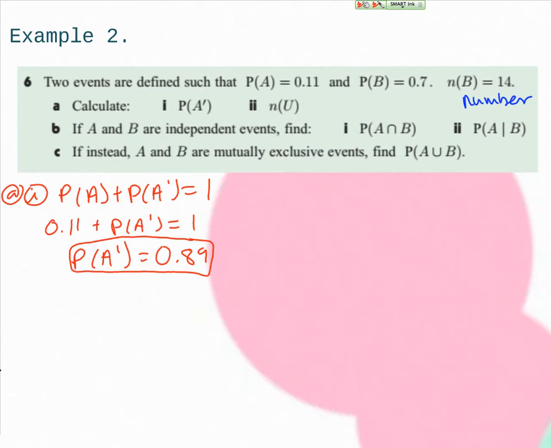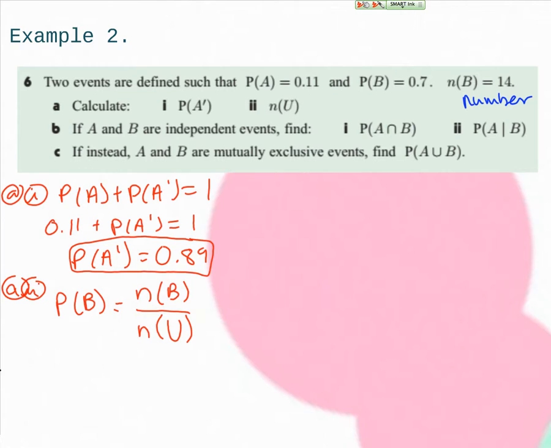So again, don't really need the formula, but we'll practice with it. And I'm going to use B instead of A, but it says the probability of B equals the number of items in B, so that's that part that Steven said, over the number of items in the whole thing. Remember that U is our universal set, so that's the whole thing.